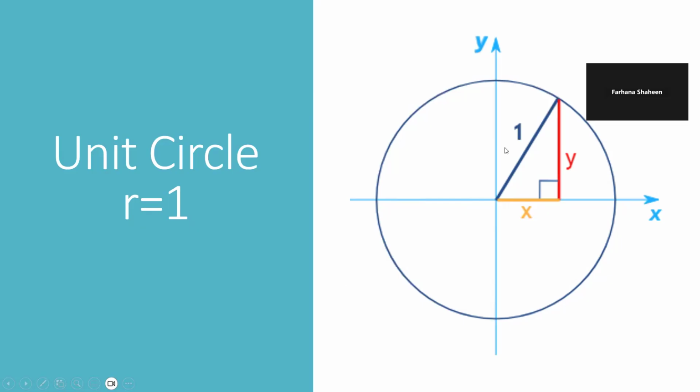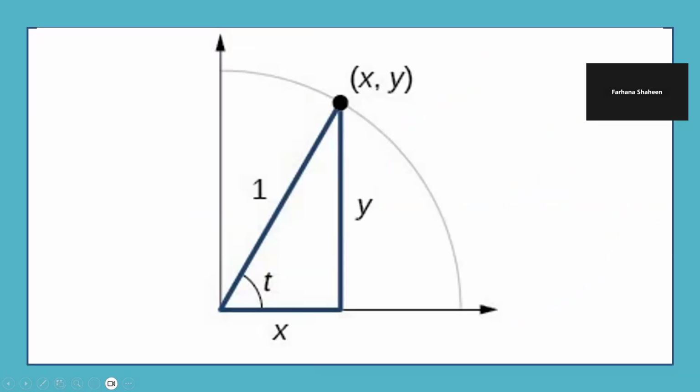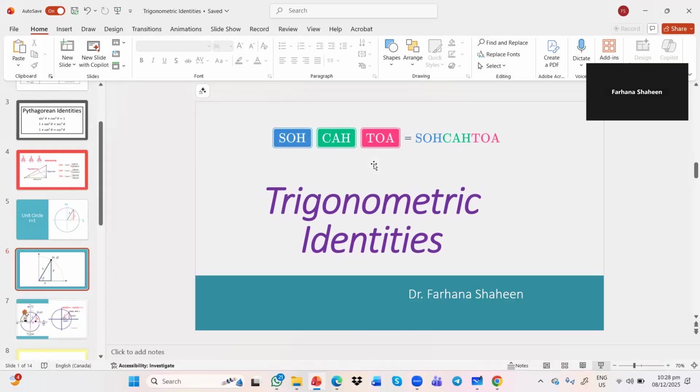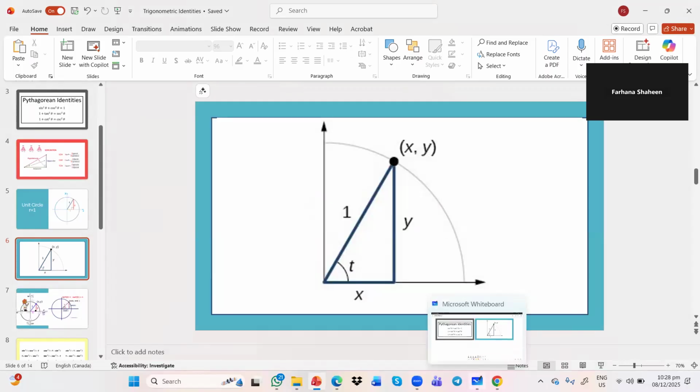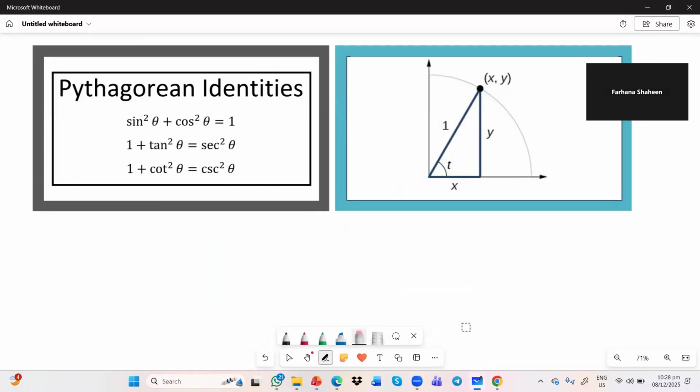Keeping that in mind, we are going to take this point as P. Say P is a point (x, y).